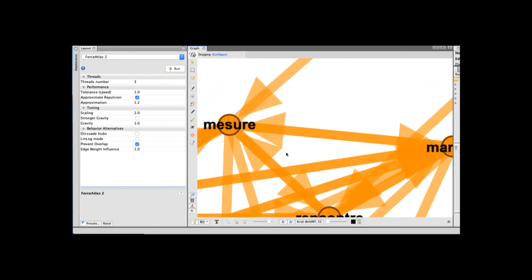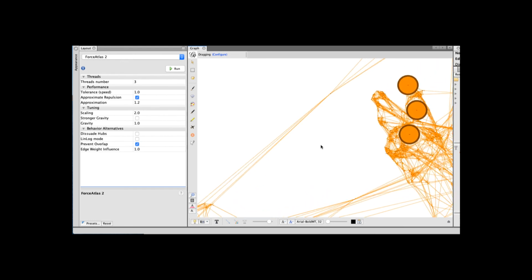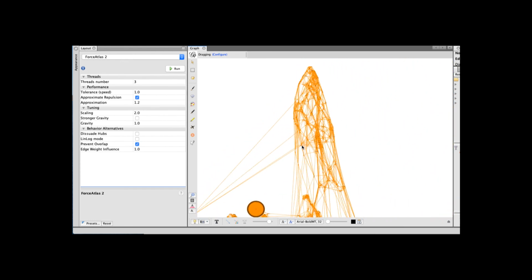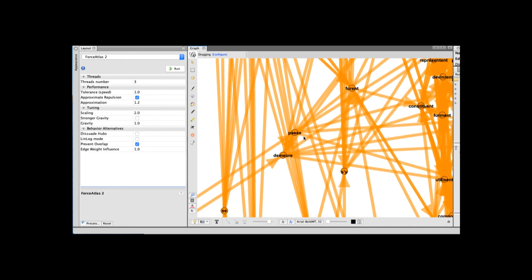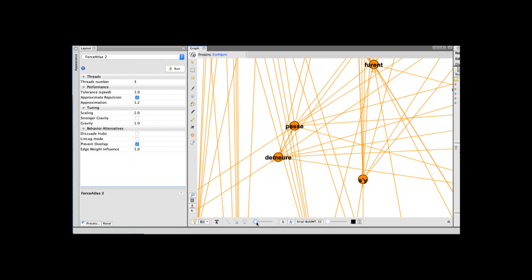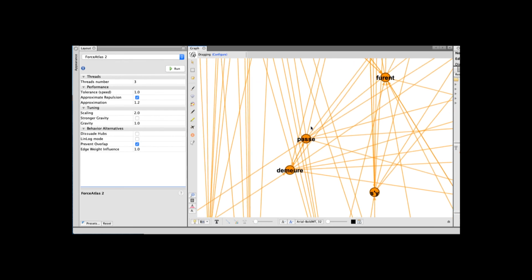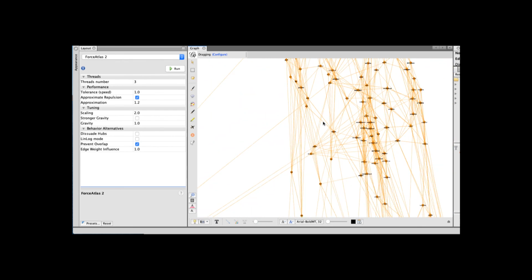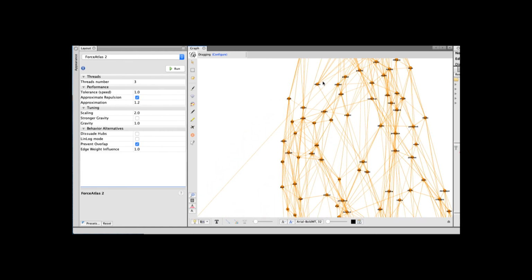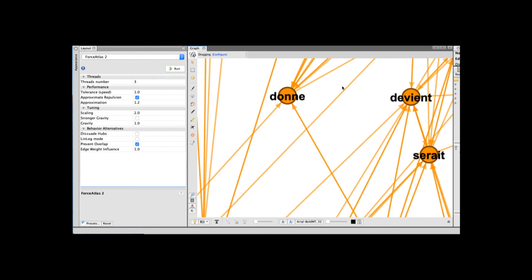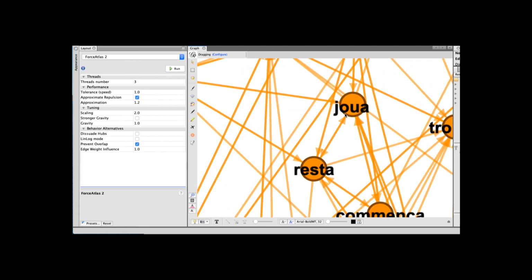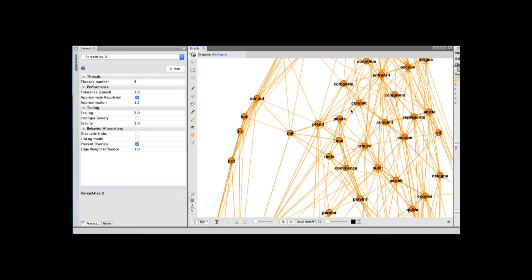But it's also connected to third-person singular present verbs, like demeure, which means live, and pass. These are third-person singular verbs that it's connected to. So porte is ambiguous. It's both a third-person singular verb and a feminine singular noun.